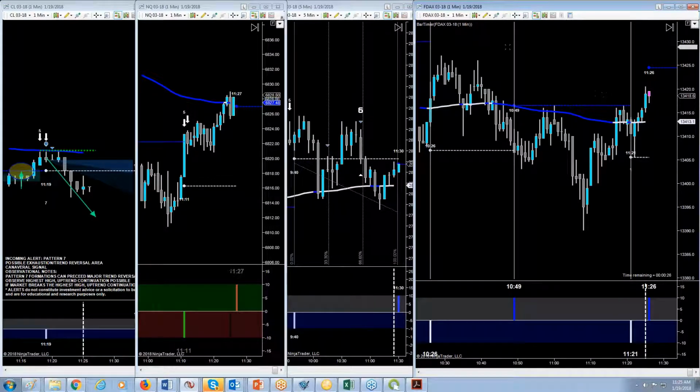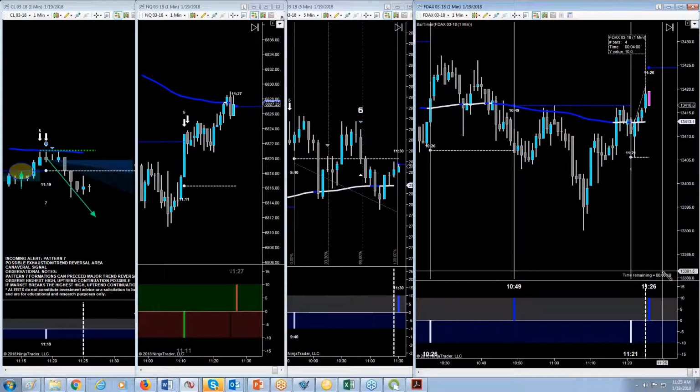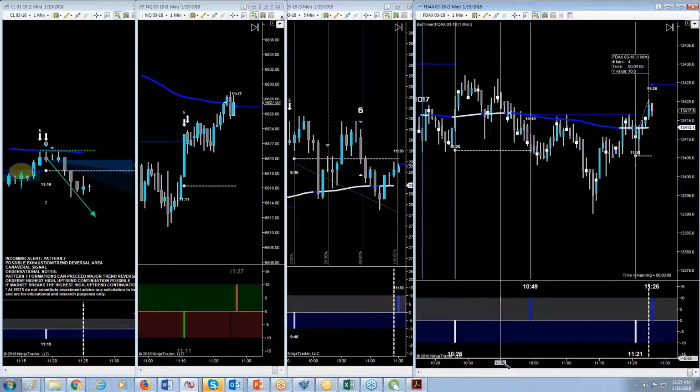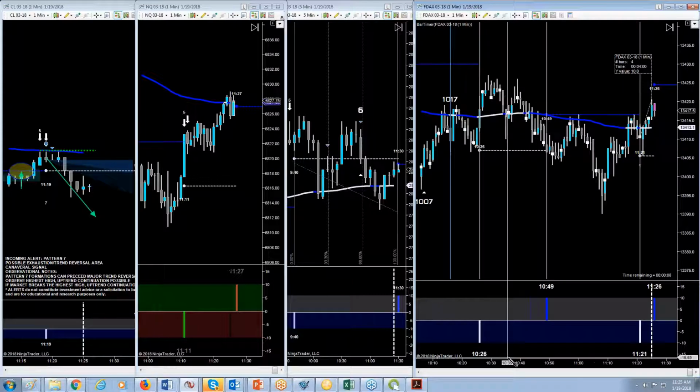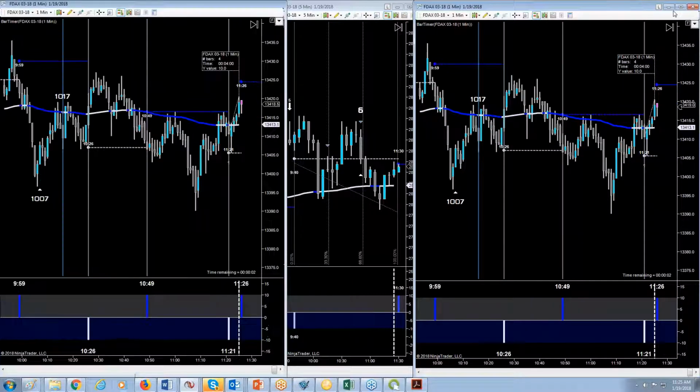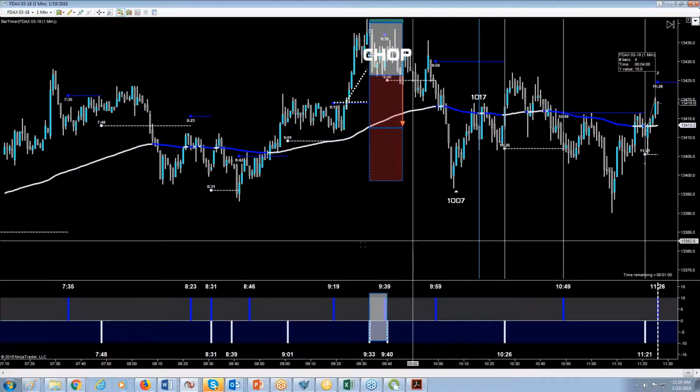This last signal in the DAX, starting at the close of the candle, so far has gone basically $112. That's $150 per contract from the one signal to the other. So these are the signals that we've been watching so far.